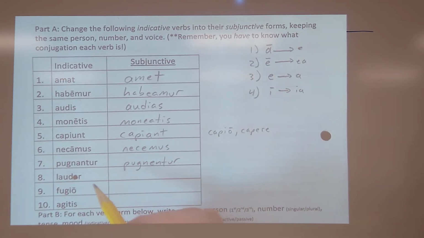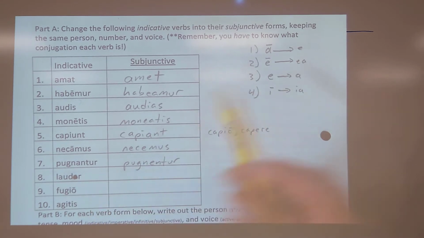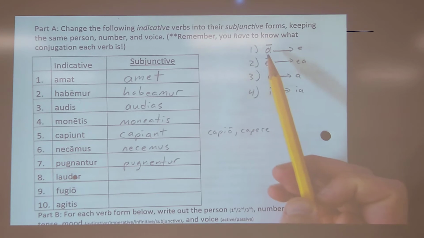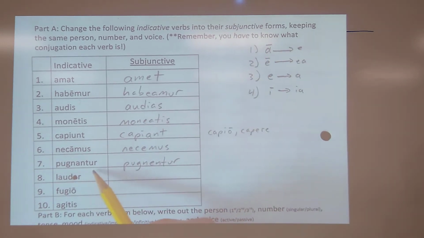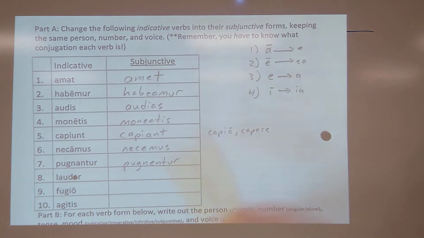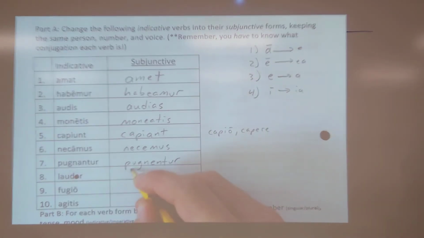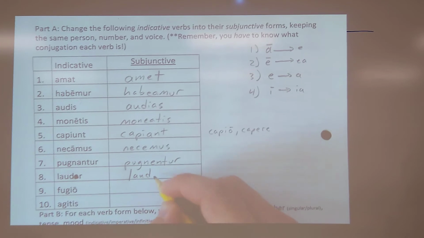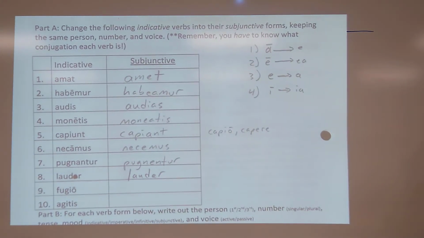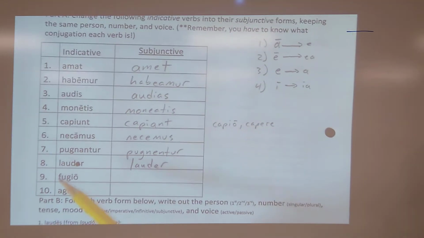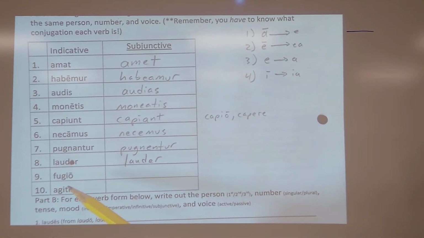But in any event, scholars, just remember that if you start off with a first conjugation, you kind of assume the A is there. So you replace the vowel that's there with your subjunctive vowel, the E. So the answer, lauder.